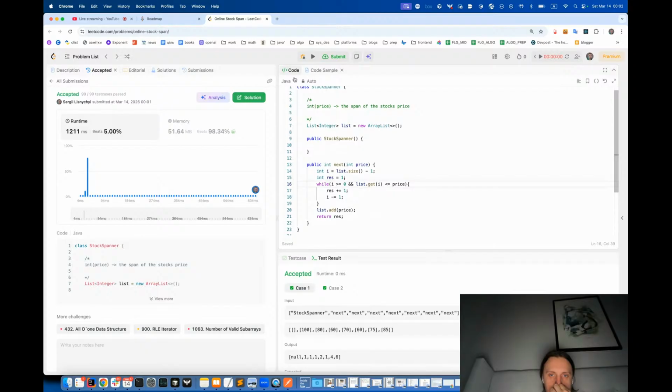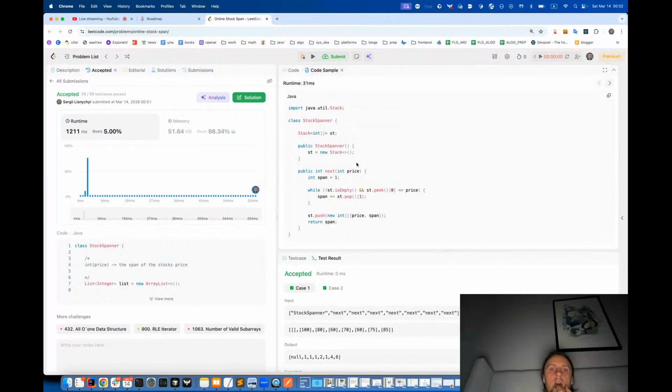Okay. Yeah, understood. So actually with the stack we store not only the value, but we pop from the stack, and we add the span, and then we push the next value with some span, and return.